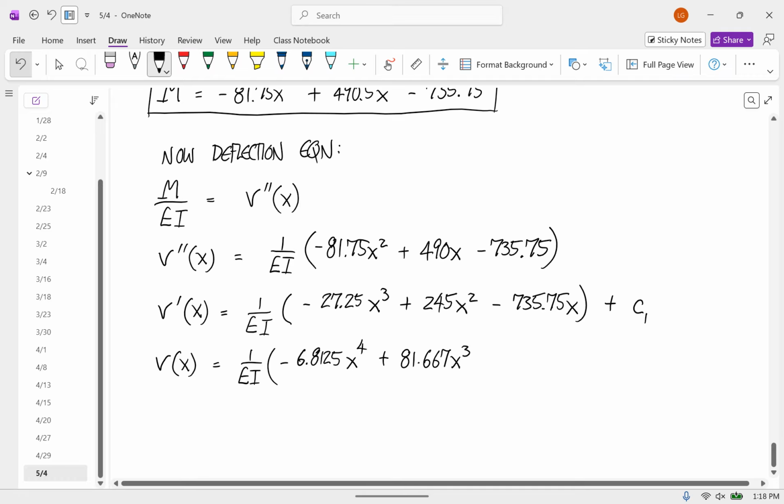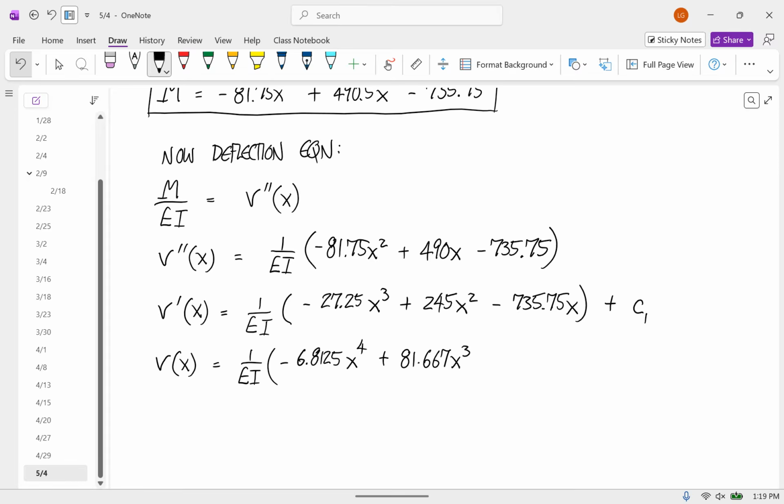And then minus 367.88x squared. Don't forget to integrate C, so this becomes C1x. And now we have a second constant of integration, C2.